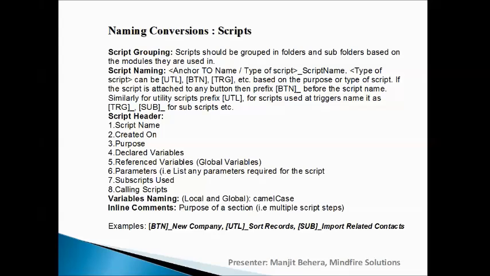To notify the utility script, the prefix must be utl, for suffix sub, all in caps, within a square bracket, then underscore, then followed by the name of the script.